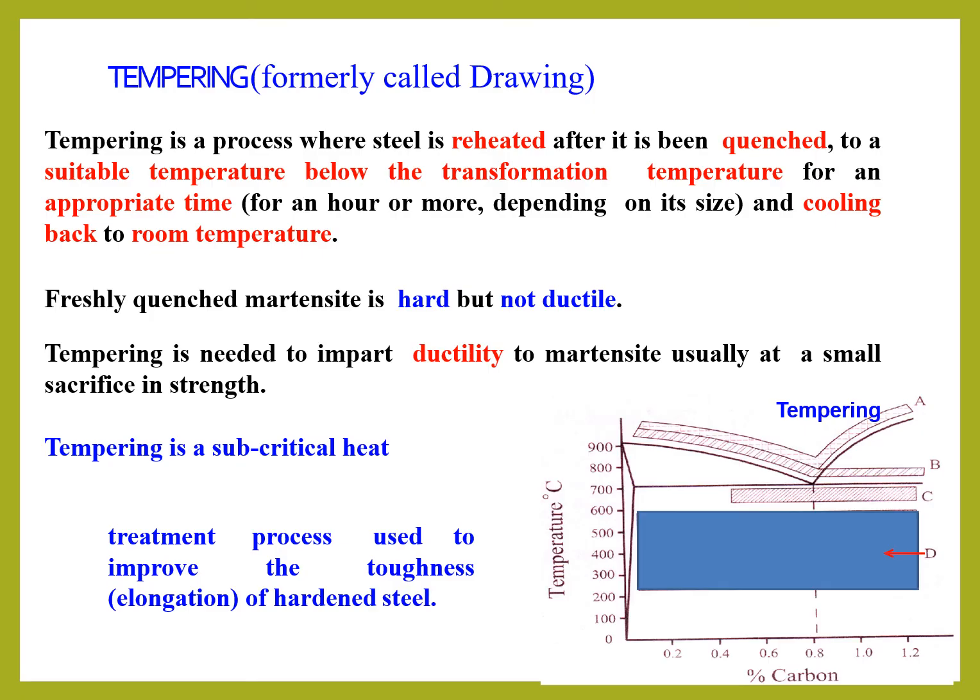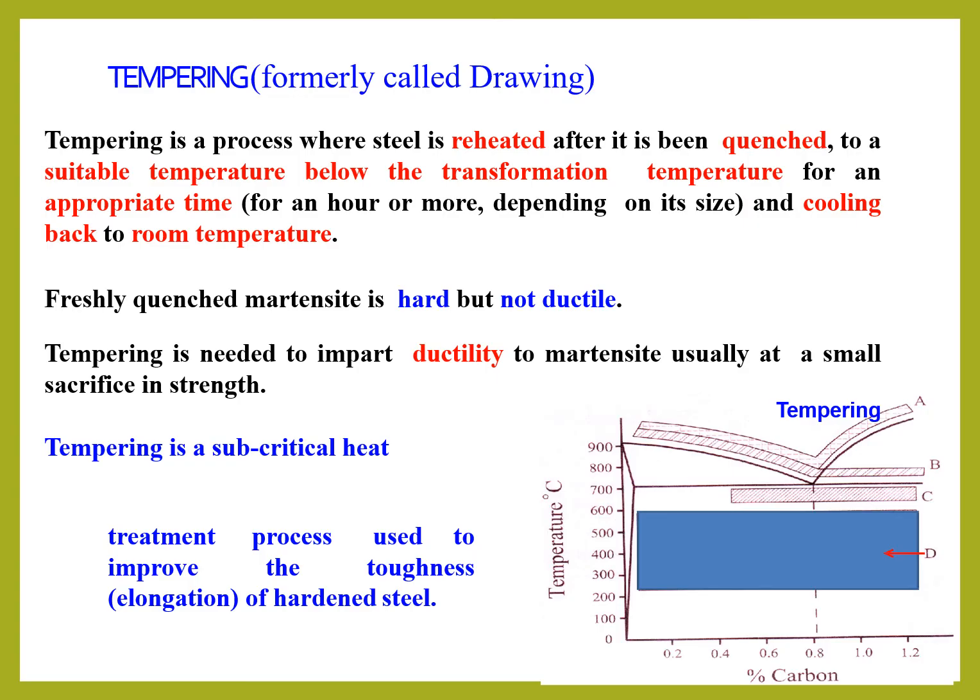So now we do the tempering process. You can increase the ductility of the steel, and automatically it slightly reduces the hardness and strength.